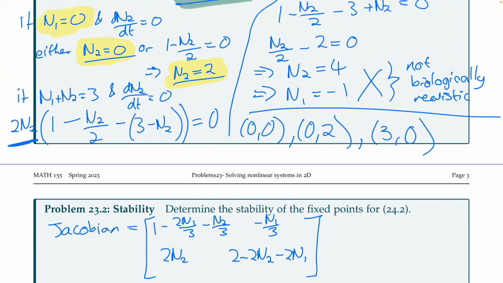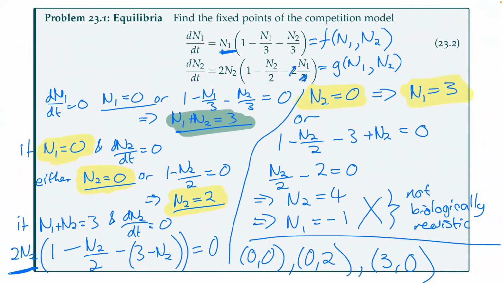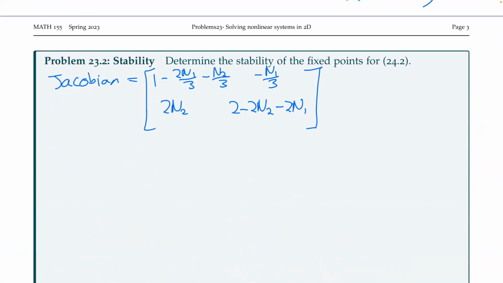If you're not comfortable yet with Jacobians, have a go at practicing that in your own time. Remember, we just take these equations, this f and this g, take our partial derivatives with respect to n1 and n2, and then put them in a matrix. So this is our general Jacobian, which I'm going to call J of n1 and n2.